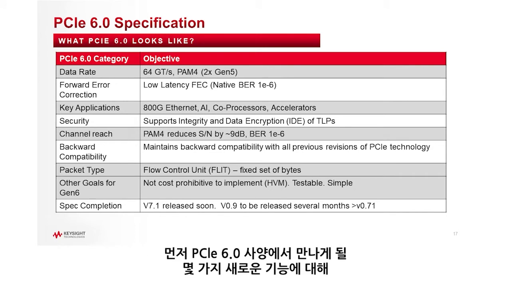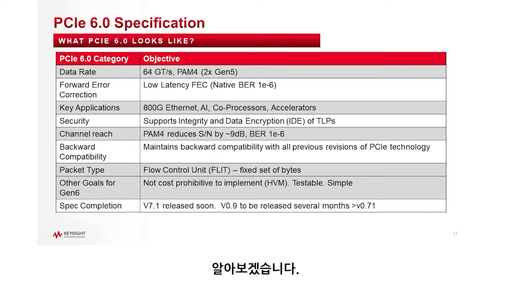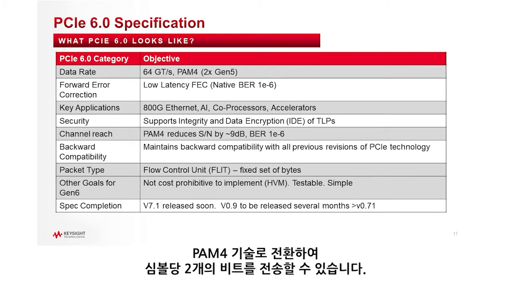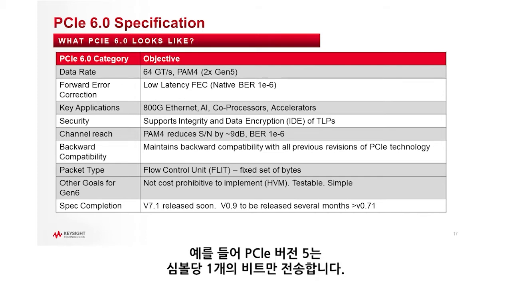Let's start off and discuss some of the new capabilities that you'll find in the PCI Express 6.0 specification. The first thing you'll notice is that PCI Express version 6 doubles the data rate of PCI Express version 5. And we do this by moving to PAM4 technology, which allows us to transmit 2 bits per symbol.